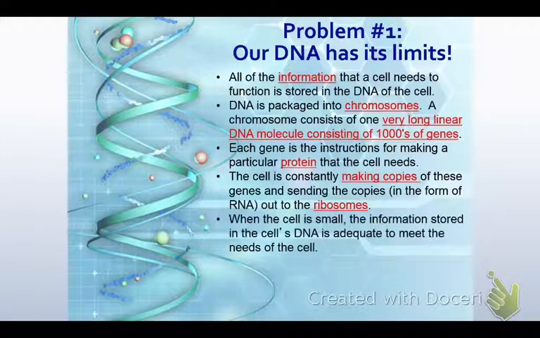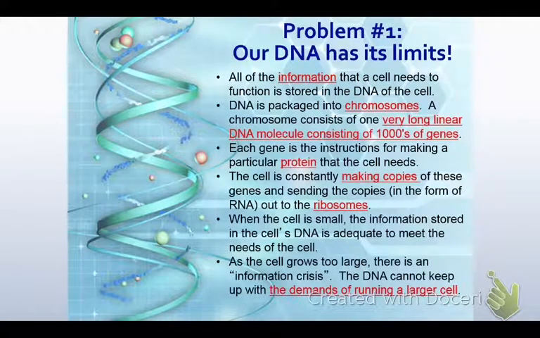When the cell is small, the information stored in the cell's DNA is adequate to meet the needs of the cell. As the cell grows too large, there is an information crisis, so to speak. The DNA cannot keep up with the demands of running a larger cell. You just can't get enough of it copied, turned into RNA, and sent to the ribosomes. The ribosomes just can't keep up with that job.